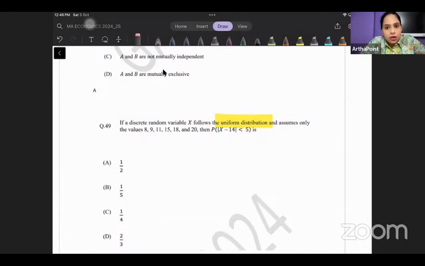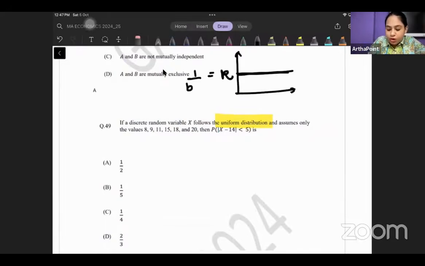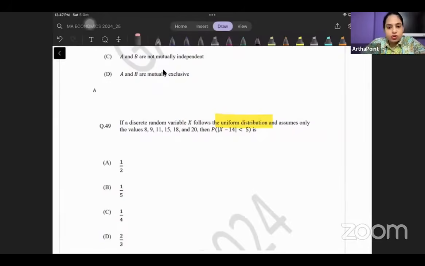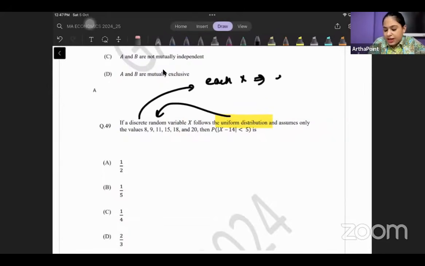Uniform means equal. Uniform distribution in continuous variable meant that each one of them had the same constant probability k, which we had found as 1 upon b minus a. यही तो निकाला था. So when it is a uniform distribution, but it is a discrete variable, इसका simple meaning है that each x will have equal probability.